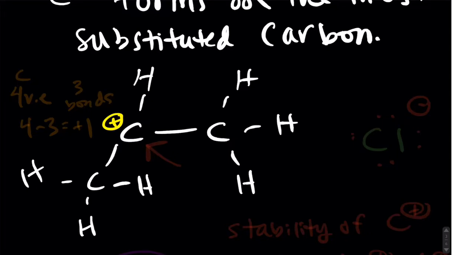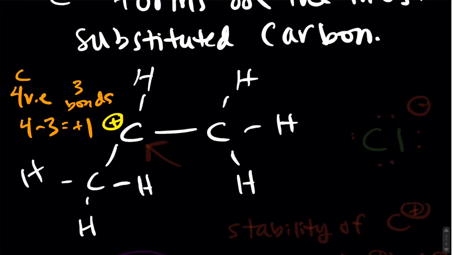So this carbon has 4 bonds. It has a neutral charge, but this carbon has 3 bonds. Formal charge: the valence electrons of carbon is 4, so carbon has 4 valence electrons, and then it has 3 bonds. 4 minus 3 equals plus 1. So that's how we get that positive carbocation charge.